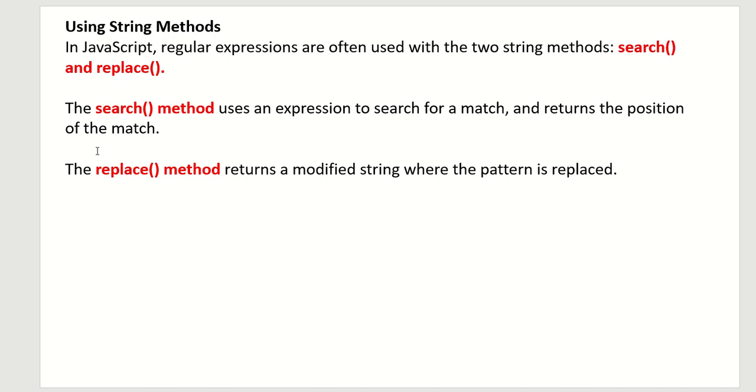The replace method will return a modified string where the pattern is replaced. Like if you want to replace Google with Microsoft, then you can use replace. And if there is a line of text and you want to find the position of a particular word, then you can use the search function.